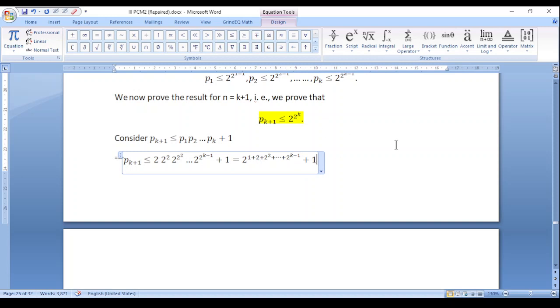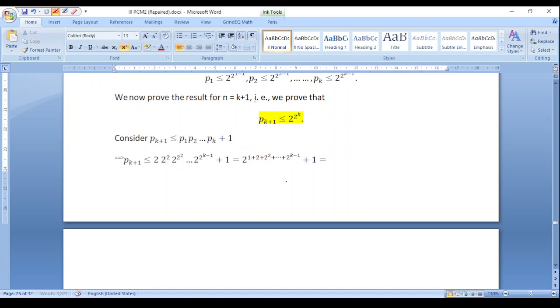Right? Now, what would this be? So, I'll now consider only this sum of numbers in the power, which is basically 1 plus 2 plus 2 square and so on, plus 2 to the power k minus 1.